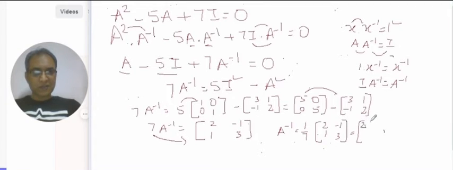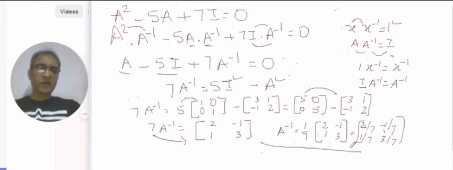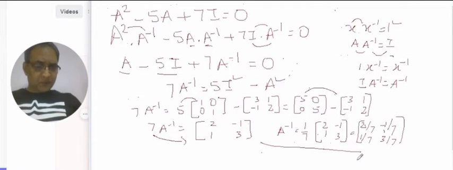So this will be 2 by 7, minus 1 by 7, 1 by 7, 3 by 7. This is our A inverse. So we have got the value of A inverse using the given equation. That's it. Hope this answered your question.